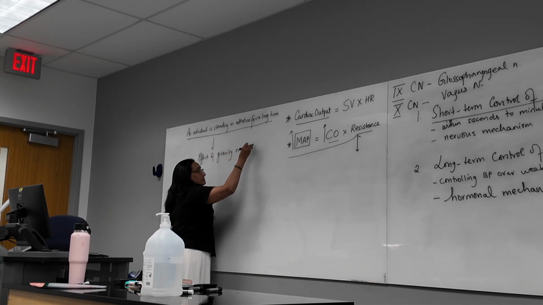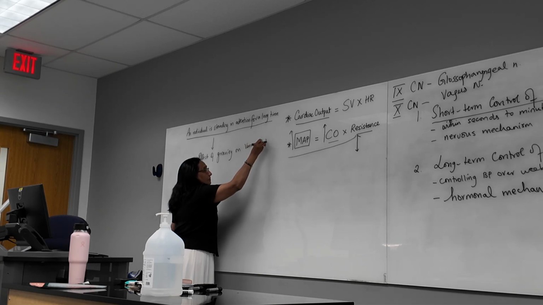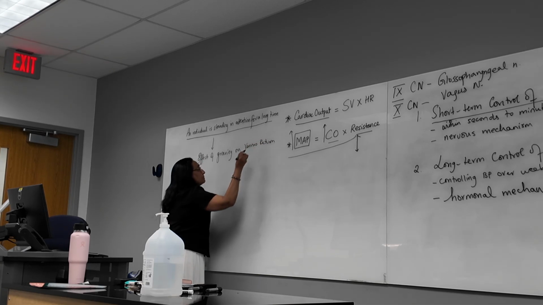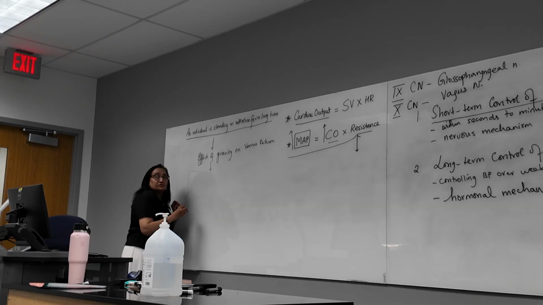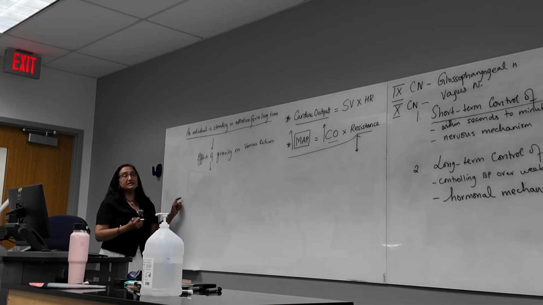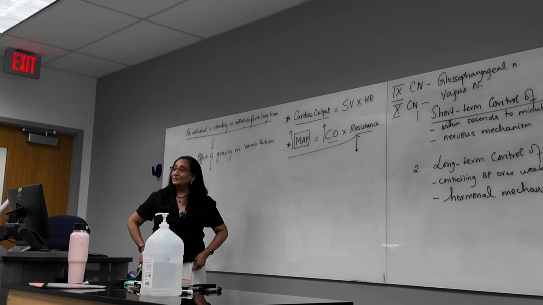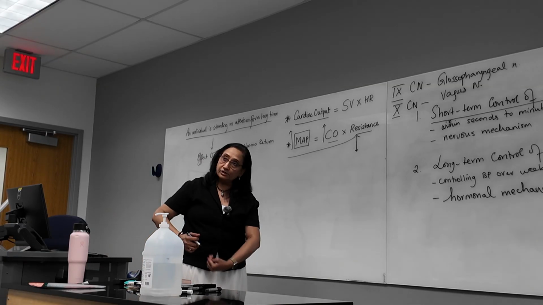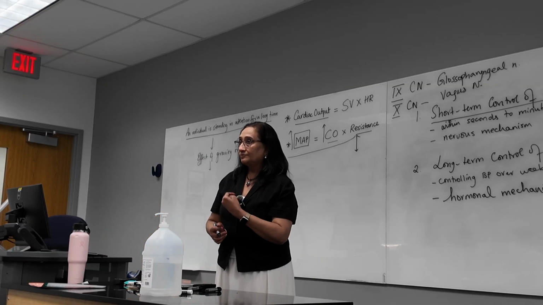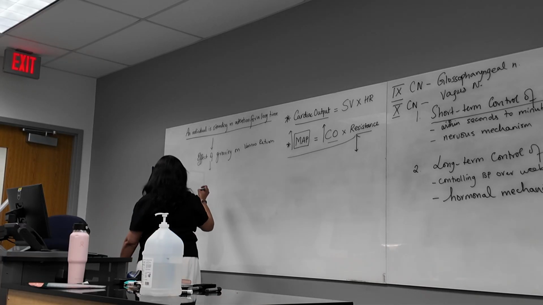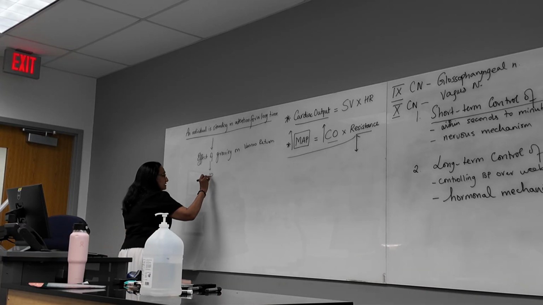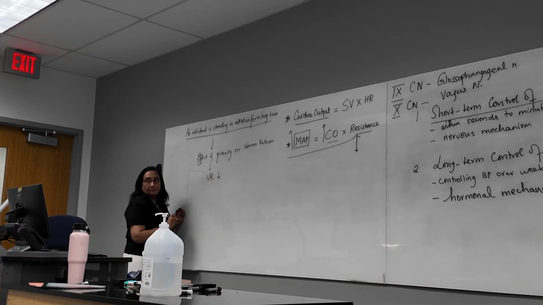On venous return. So what will happen to venous return in this individual for that brief period of time when they are standing? Standing still, no movement. What will happen to return of blood back to the heart? It will go down. So venous return will decrease.